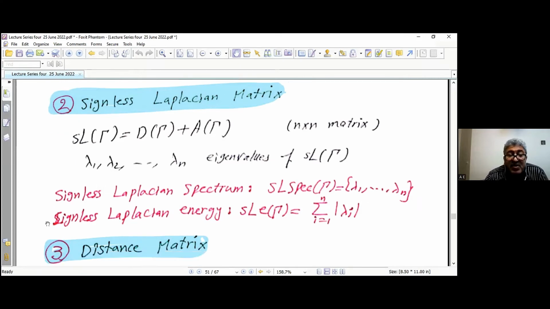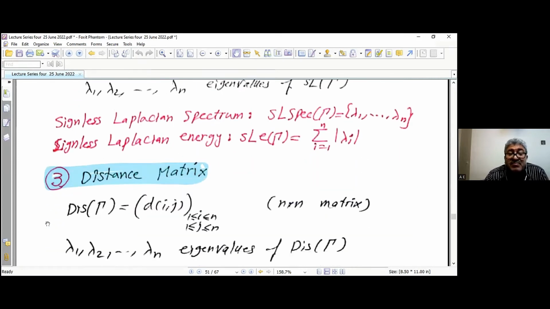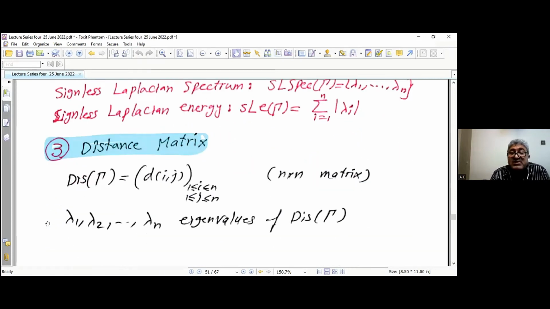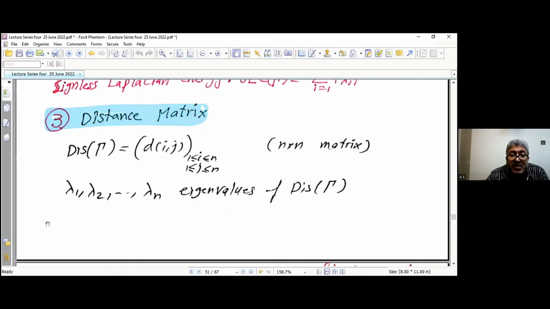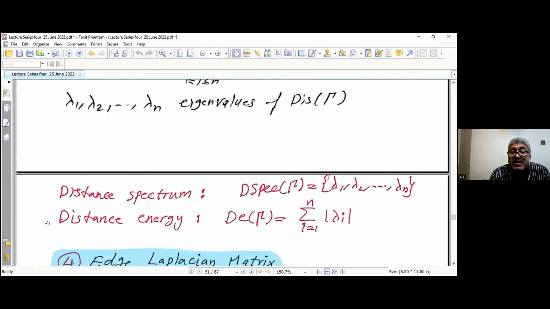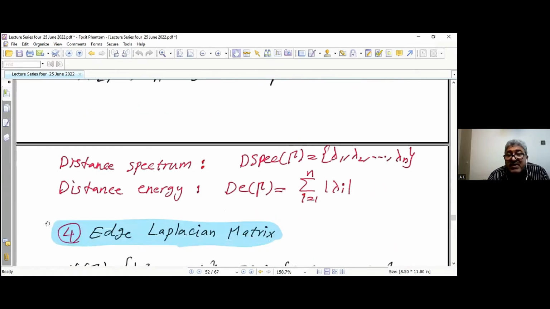For the distance matrix, we have an n times n matrix, right? As it is a symmetric matrix, again we have n real eigenvalues for the distance matrix of gamma. So we may introduce the distance spectrum.